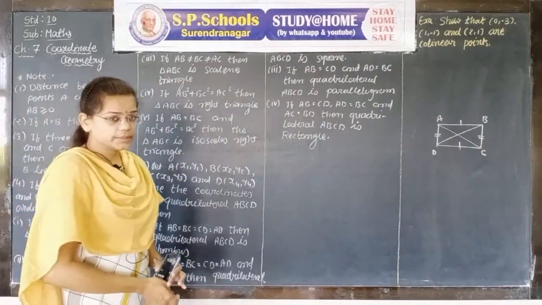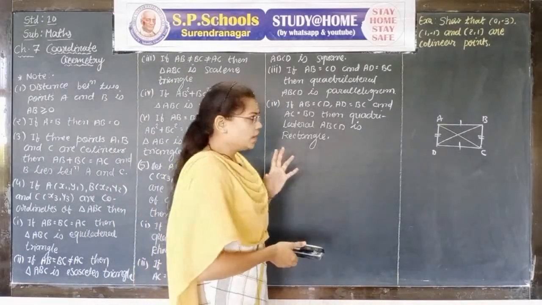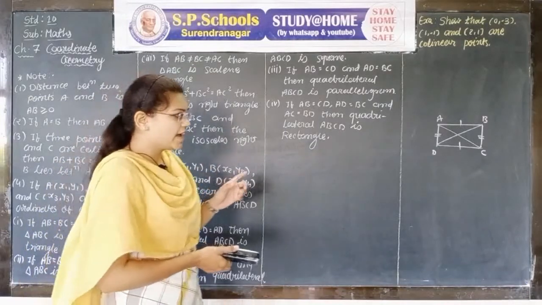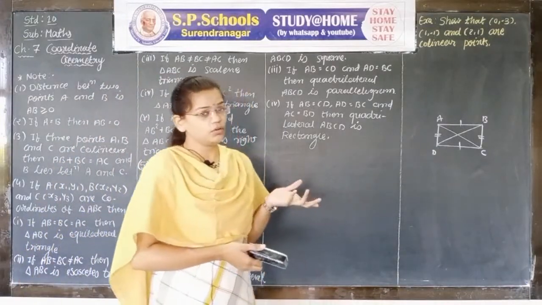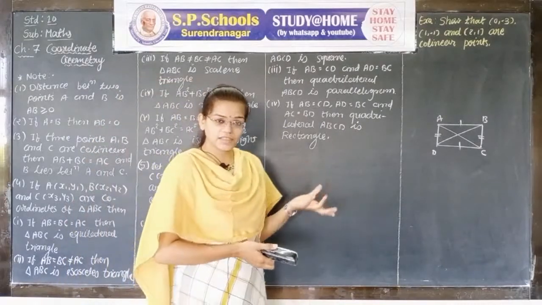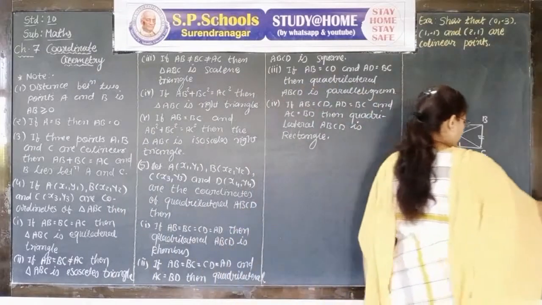Again, the most important thing for a parallelogram: if the midpoints of both the diagonals are the same, it is also called a parallelogram, but it is not useful in our exercise 7.1. You know the characteristics very well.